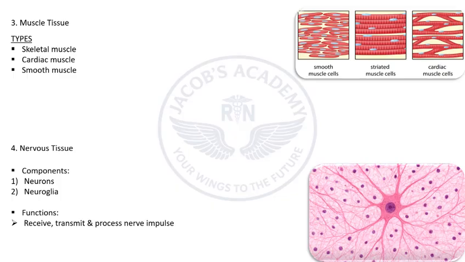Nervous tissue forms the brain, spinal cord, and peripheral nerves, allowing communication between different parts of the body. These tissues help us think, feel, respond to stimuli, and maintain homeostasis. Here's the image for muscle tissue and nervous tissue.